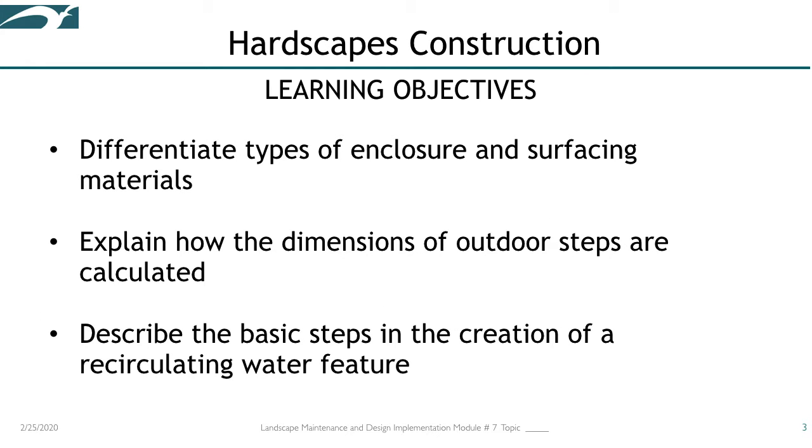When differentiating the different types of enclosure and surfacing, we want to explain how the dimensions of outdoor steps are calculated. Describe the basic steps in the creation of recirculating water features.